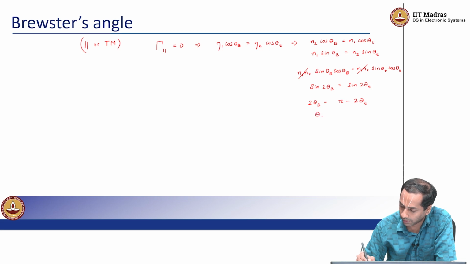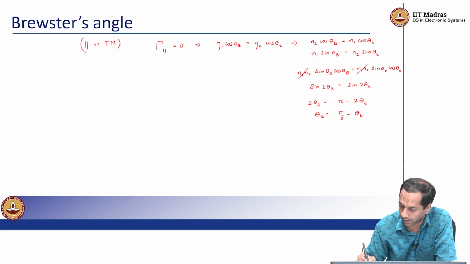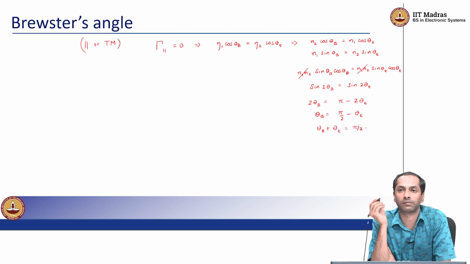So this gives us a relation that theta b is pi over 2 minus theta t. This is very interesting. It says that the Brewster's angle plus the refracted angle is 90 degrees.